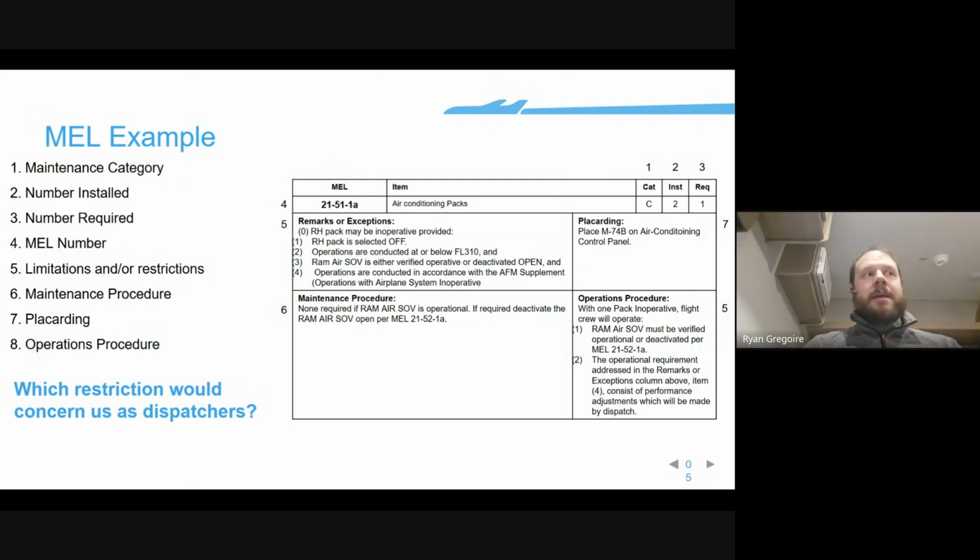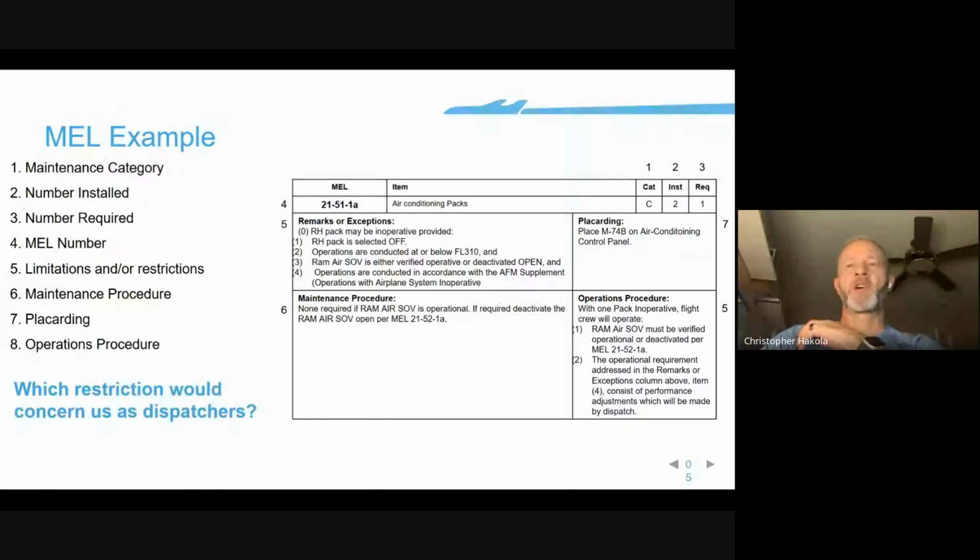So thinking about that, why do we think there would be a flight level restriction if only one was working? Christopher. I'm not sure. I think you're calling on me, but just because you wouldn't be able to pressurize above a certain altitude, I think it's 310.